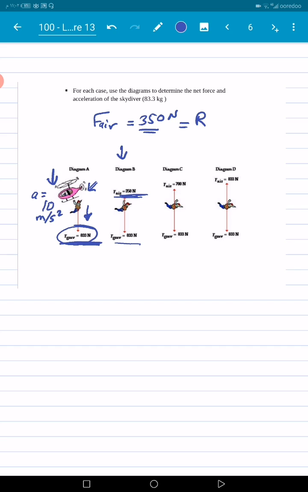So put it in your equation. a is equal to mg minus R divided by m. Open it in mathematics, how you can open it. So mg divided by m minus R divided by m. Put the values.